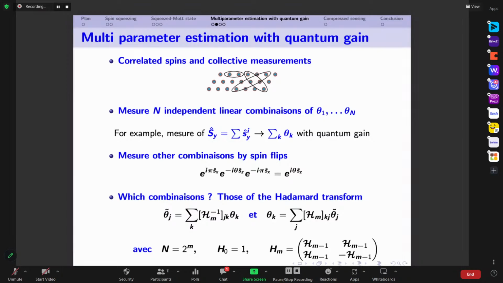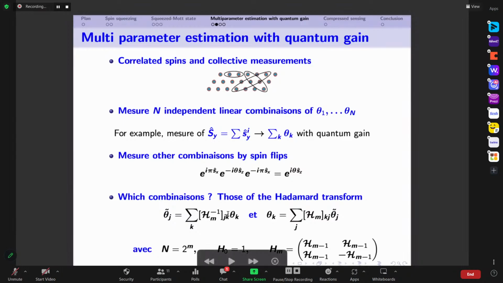And so what are the combinations that we have to measure? Actually, the combinations that we have to measure are, for example, those corresponding to the Hadamard transformation. That is, n independent linear combinations where the coefficients of the combination are just +1 or -1.